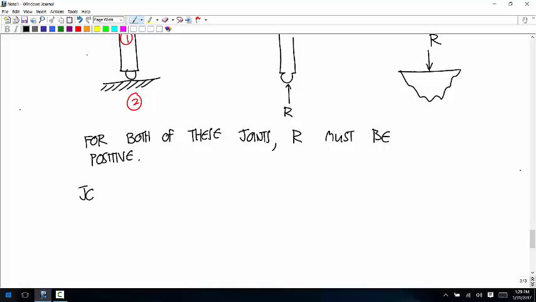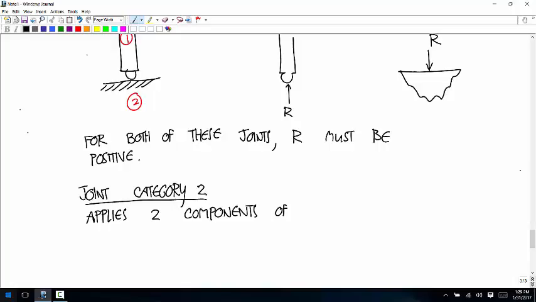Okay, next is joint category 2. This applies 2 components of a force, which brings 2 variables into the equations.